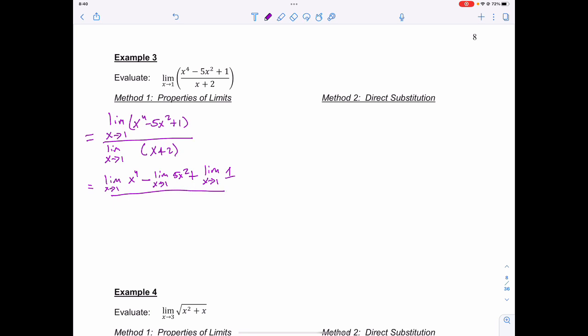In the denominator, we have that sum again, so I'm going to say the limit as x approaches 1 of the first term, x, combined with the limit as x approaches 1 of the constant 2.